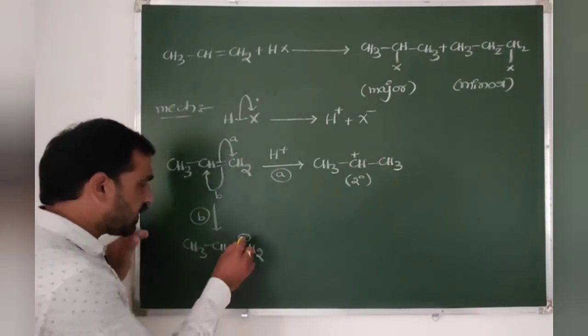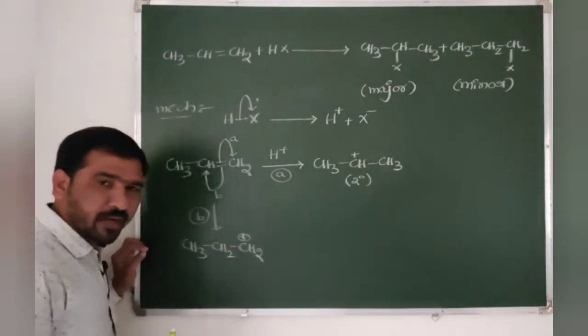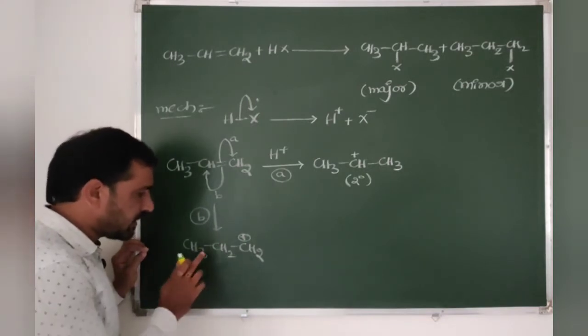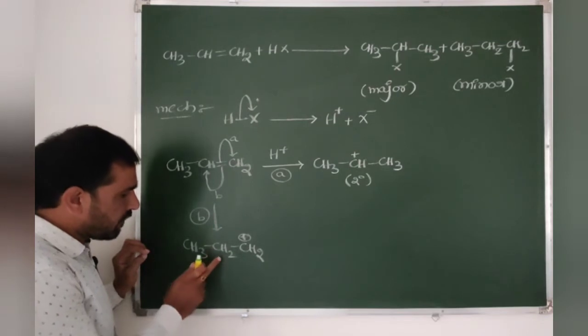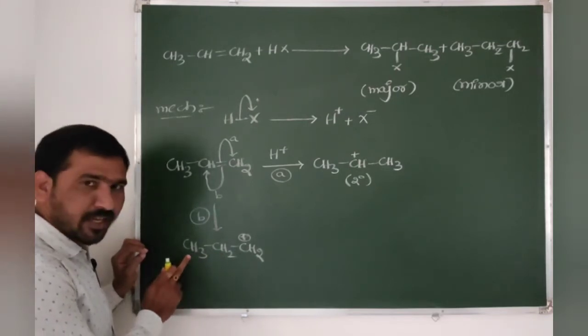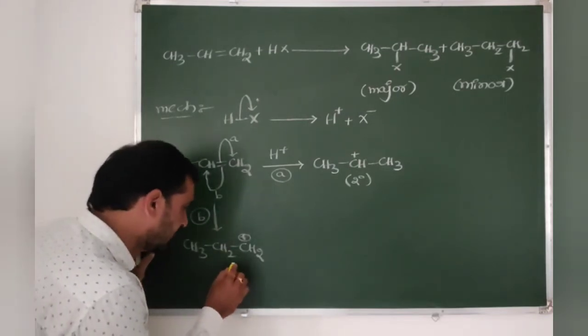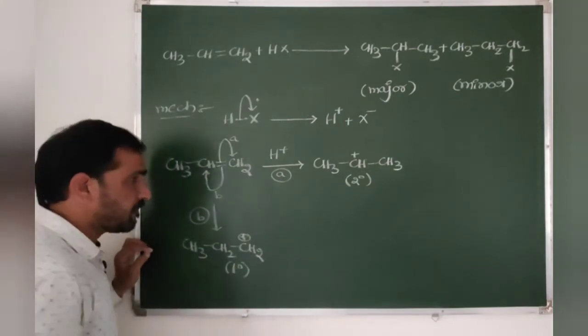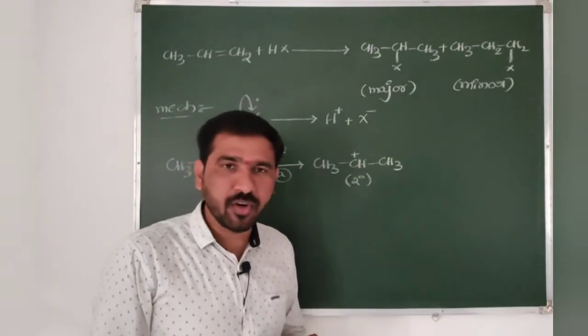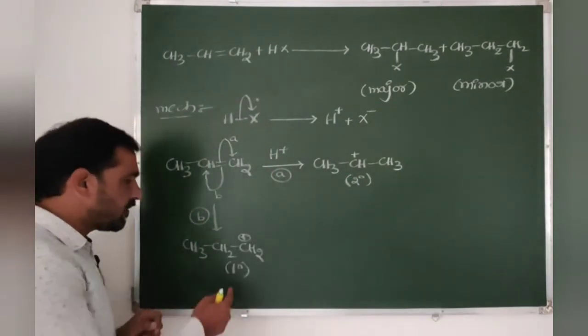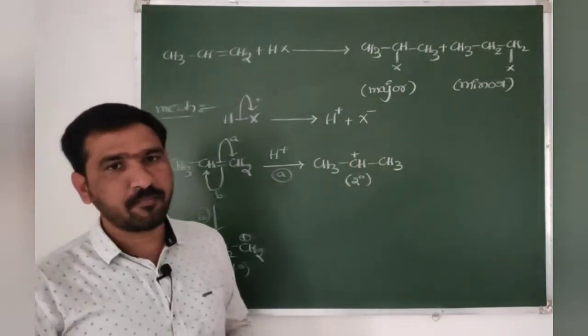So here this is the carbocation, positive charge here. This is the carbocation having one carbon attached directly. So this is called as 1-degree carbocation. By path A, we got 2-degree carbocation. By path B, we got 1-degree carbocation.